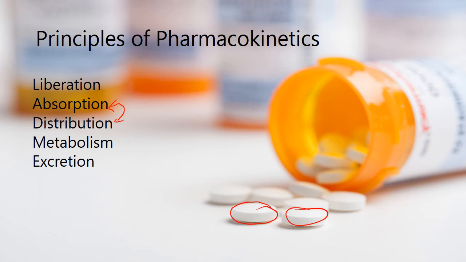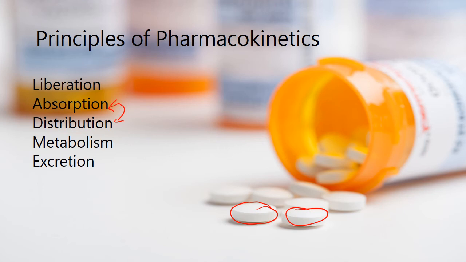Sticking with the previous example I gave of inhaled medication, inhalants are absorbed within the alveoli of the lungs. Now distribution depends on whether a drug needs to be distributed throughout the systemic circulation, or does it stay local.